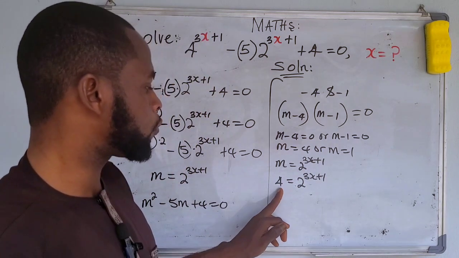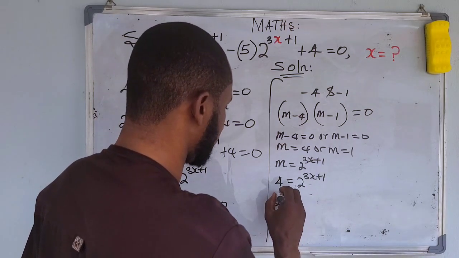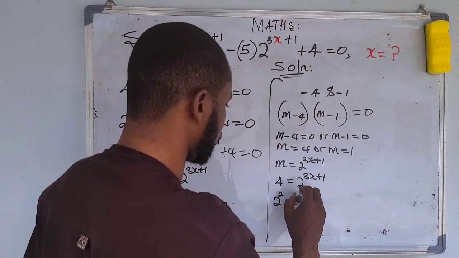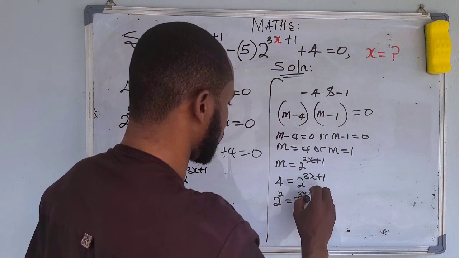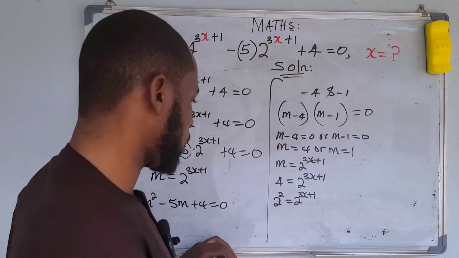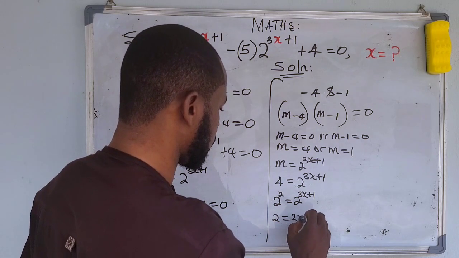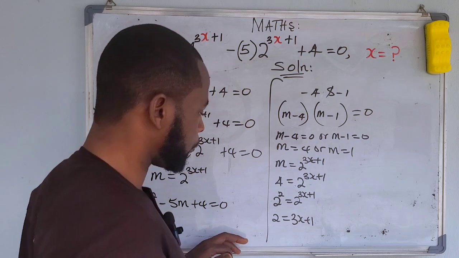When you express 4 in the same base of 2, we have 2 to the power of 2 equals 2 to the power of 3x plus 1. Since the bases are the same, equate the powers. In that case, we have 2 equals 3x plus 1.